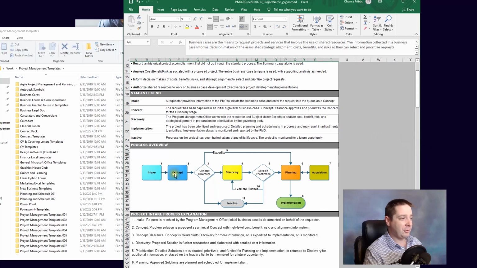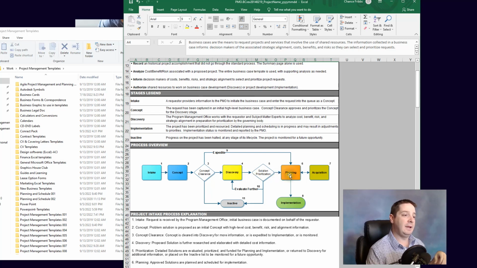Again, we have our steps here: intake, concept, concept clearance, which is just clarifying with your customer how your concept is going to work. You're going to have discovery on there. You're going to have solution prioritization, which is going to be, oh, we found this issue, how can we fix it? Things like that.